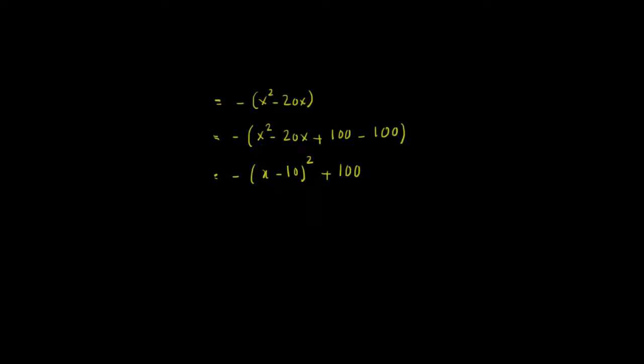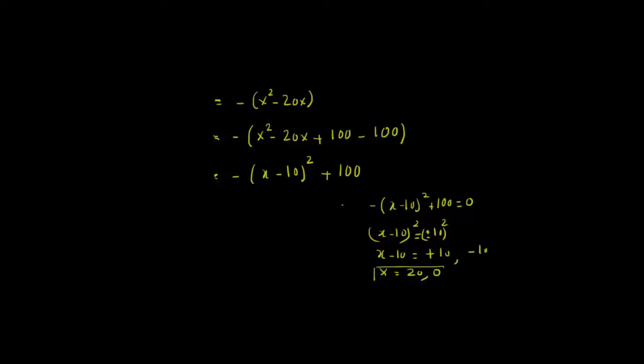Now, if you solve this expression, that will tell us x is equal to either 20 or x is equal to 0. So x equal to 20 and x equal to 0 are the two x-intercepts of this quadratic equation here. Now let's graph this quadratic expression, negative x minus 10 squared plus 100.